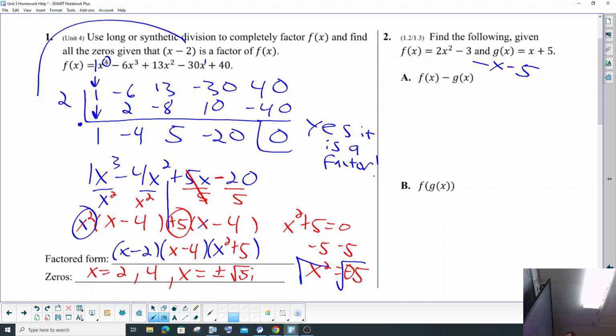So plus or minus i radical 5, or radical 5 i, plus or minus. That's a positive radical 5 i and a negative radical 5 i. There we go. Number g of x, you plug g into f. So take x plus 5 and plug it in there.